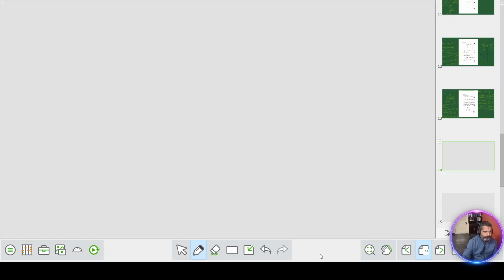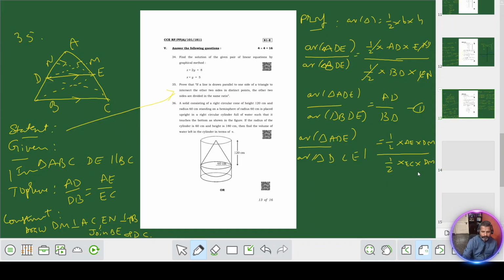Cancelling DM and half, we get area of ADE by area of DCE, which is AE by EC. Call it 2.